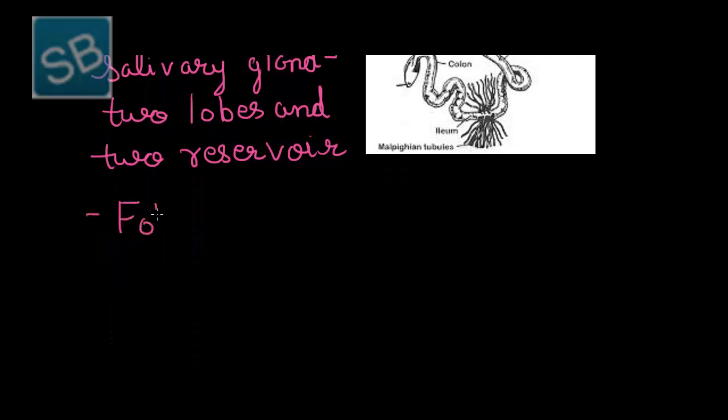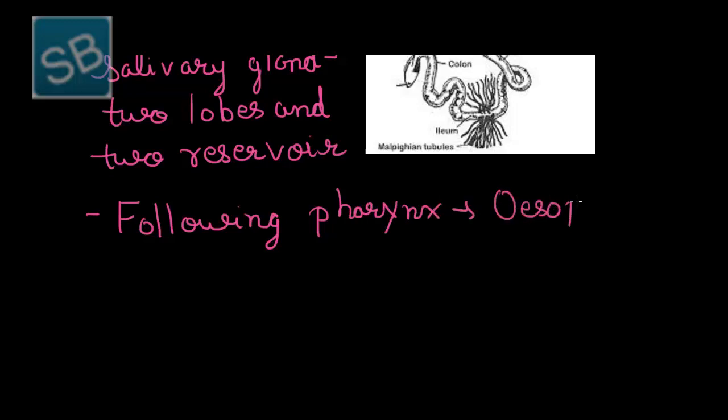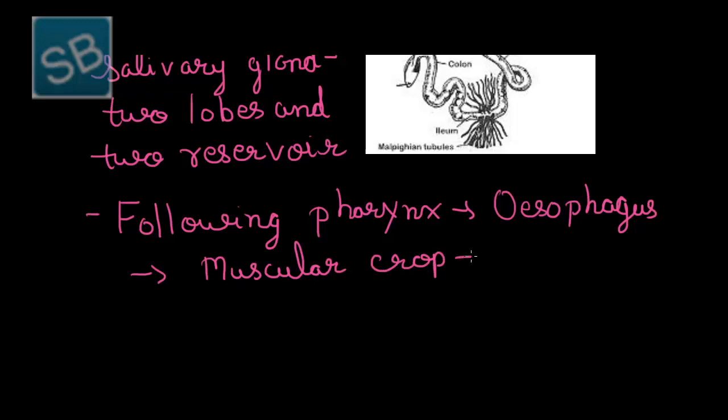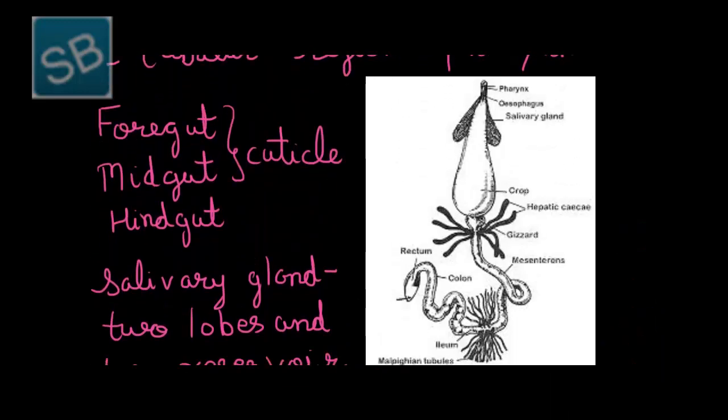Following pharynx is esophagus, which opens into muscular crop, opening into gizzard. As it can be seen from the figure, the crop opens into gizzard.